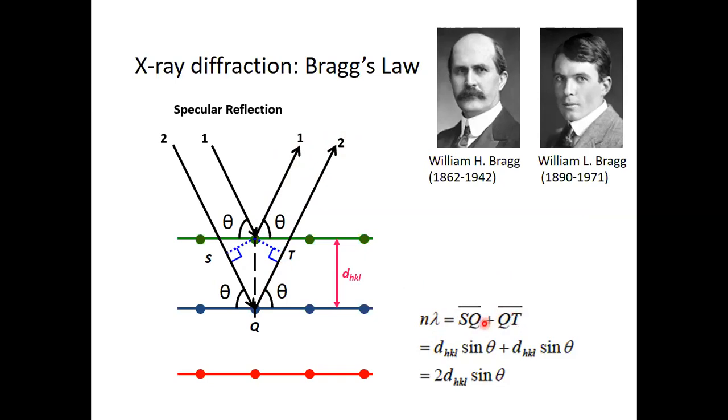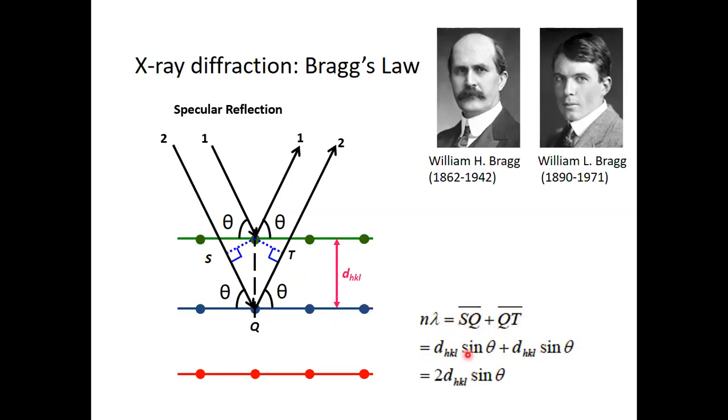Now we can calculate the distance SQ and the distance QT as a function of the interplanar distance d using geometry. If you do this, we find that SQ is d_HKL times sine theta, plus d_HKL times sine theta, since SQ has to be the same length as QT.